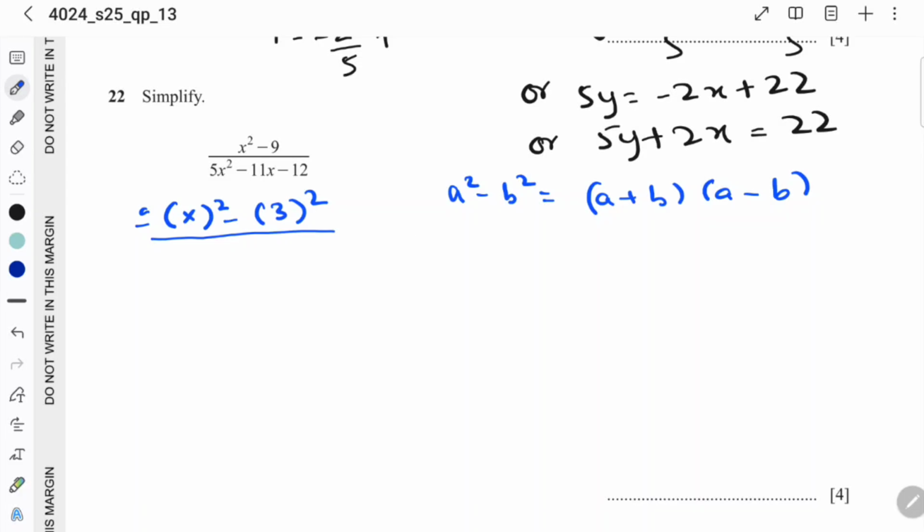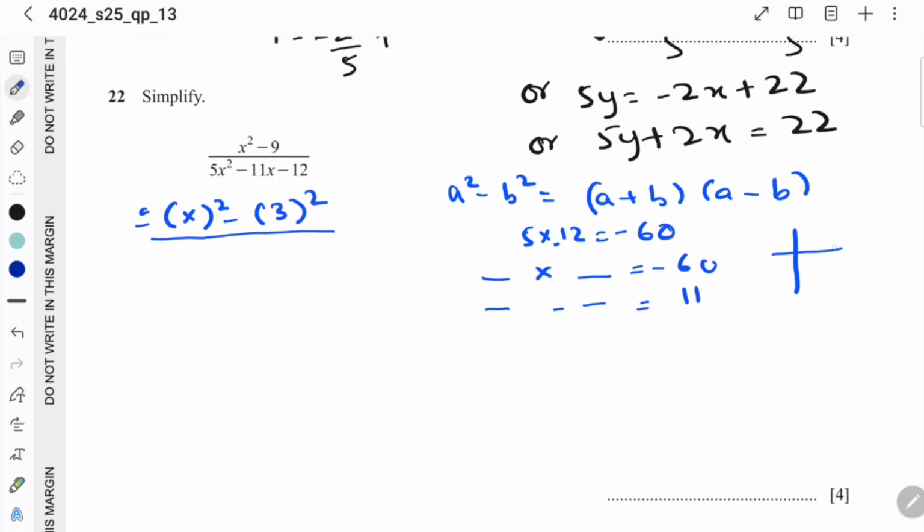In the denominator, 5 times 12 is 60, and one of the numbers is minus, so that is minus 60. We'll have to look for two numbers which multiply together to become minus 60, and when you subtract them will become 11. Okay, because the product is negative.